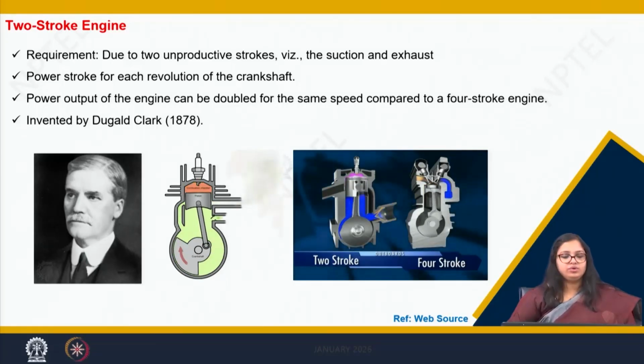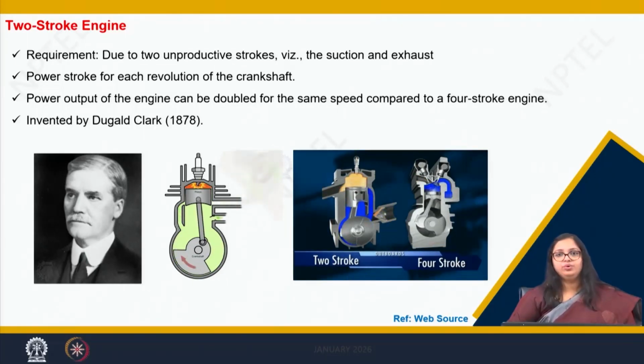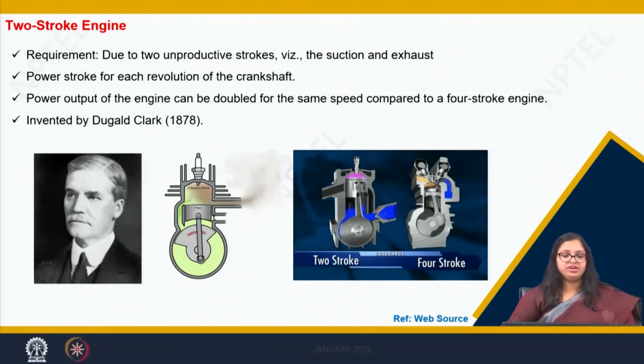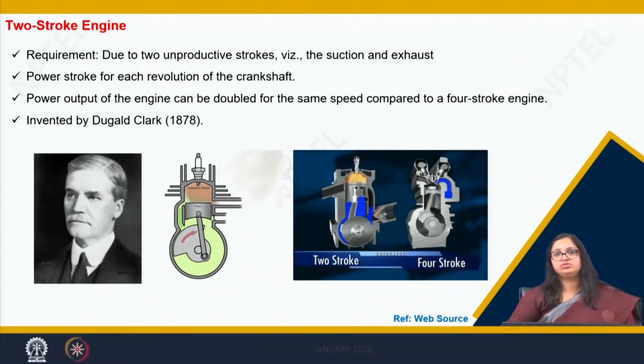Now, as we have understood who invented the Otto engine, that is Nicholas Otto, and who invented the diesel engine, that is Rudolf Diesel, in the same way we should also know who invented a 2-stroke engine.